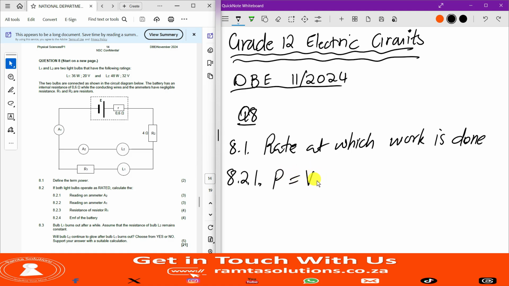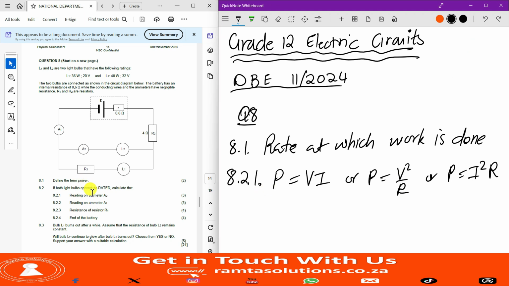We have power equals VI, or power equals V squared over R, or power equals I squared R.